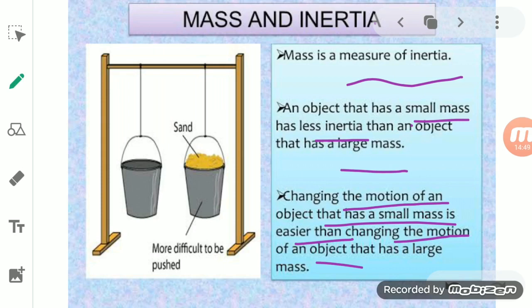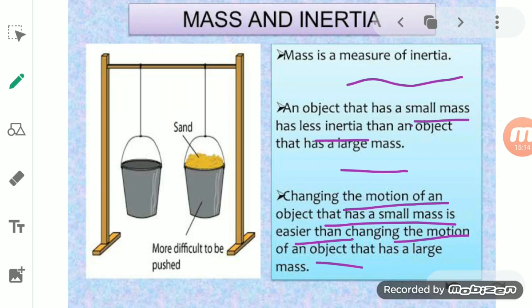It is quite heavy. On the other hand, a rubber ball has less inertia because it is quite light. So one is heavy, another is light. So you can understand that inertia depends upon the mass. The cricket ball will have more inertia than the rubber ball.